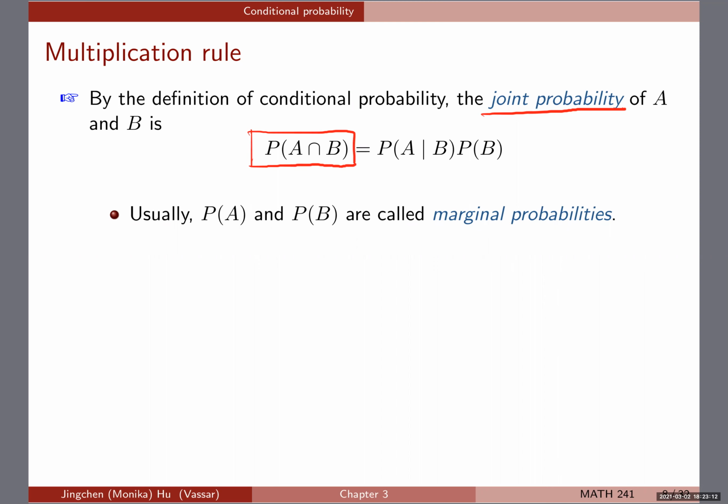So the probability of A intersect B is the same as the joint probability of A and B, meaning that we're looking at the probability of A and B happening at the same time. That's why we call it joint.